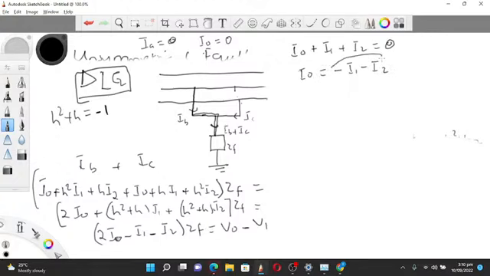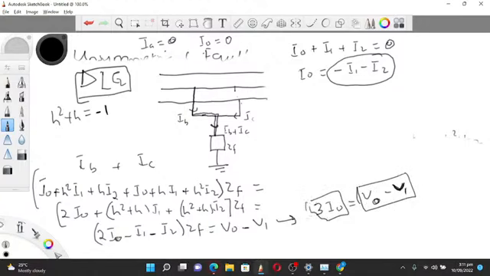So when we substitute negative I1 minus I2 as I0 here, this expression becomes 3I0 equals V0 minus V1, and this gives us the expression that we need. Oh, please, I left our ZF out. So there is 3ZF I0 to give us V0 minus V1.